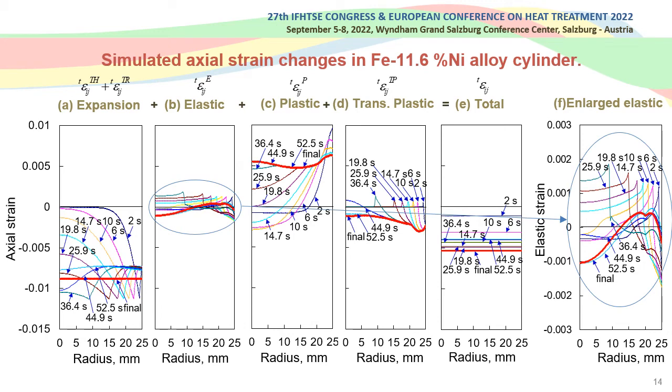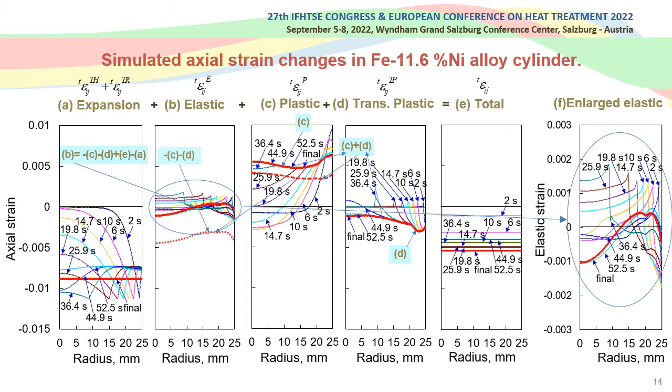Here it is verified that the shape of the distribution of elastic strain in the final cooling state is obtained from the expansion, plastic, transformation plastic, and total strain. Here is the equation for determining the elastic strain. That is, first the plastic strain C and transformation plastic strain D are added. Then the sign of the added amount C plus D is reversed.